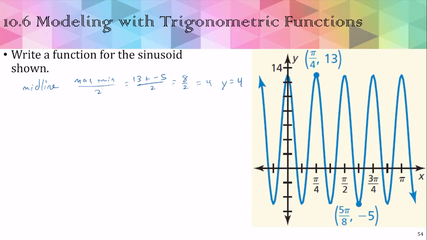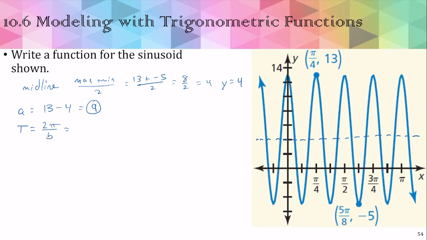So we're counting by 2s, so the midline is right there. So our A is our amplitude. If I'm going to 4 and it goes up to 13, appears to be 9 for the A. And then our period. Period is 2 pi over b, but what is it on our graph?